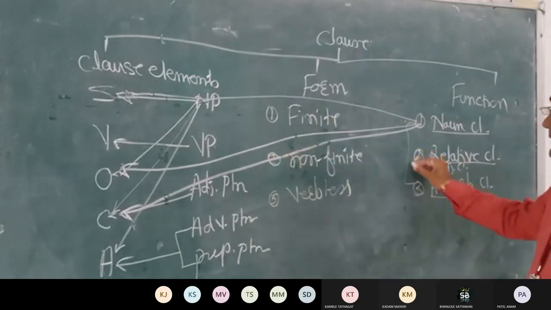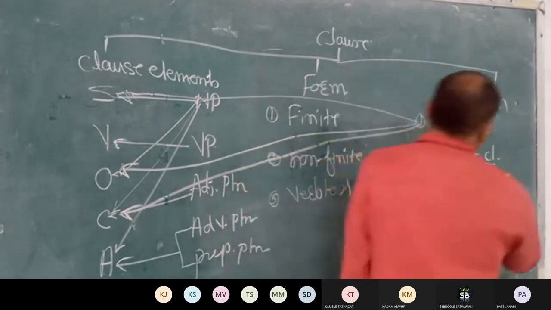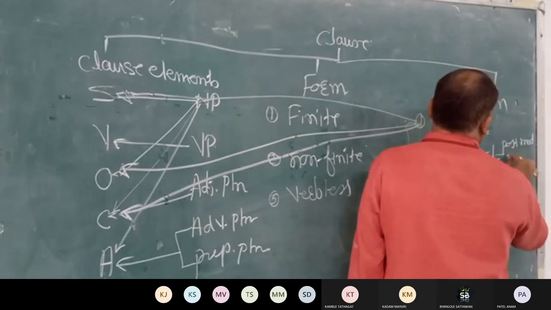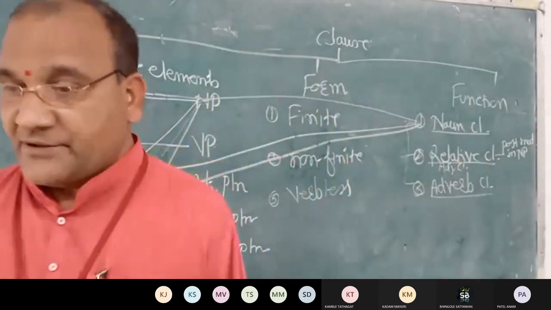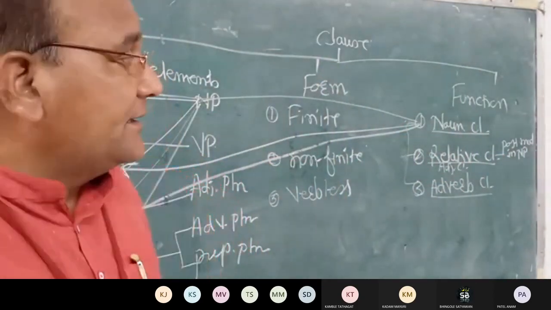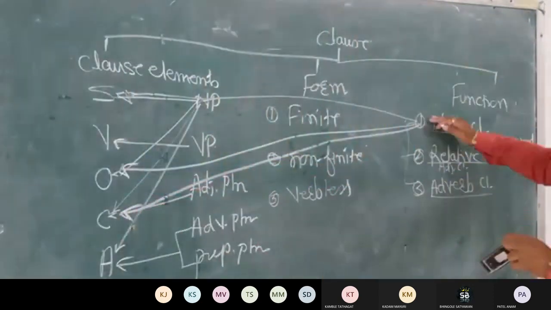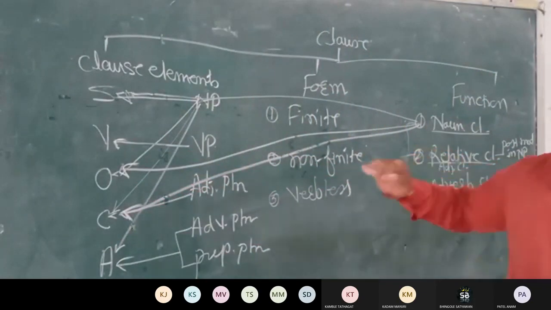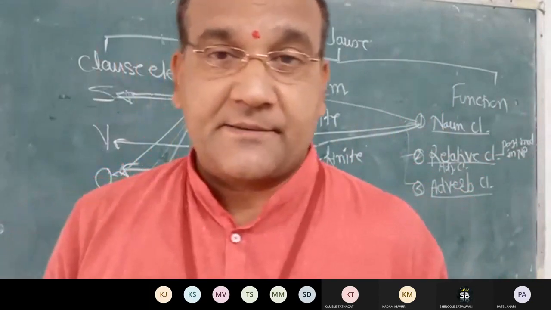Relative clause can function only as a post modifier in an NP, nowhere else. And that's why I said, even though it is a subordinate clause, it does not make a complex sentence.